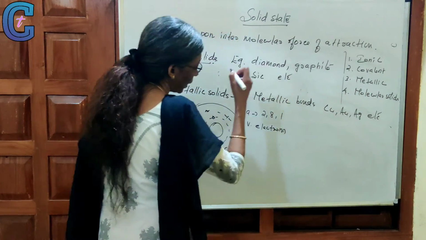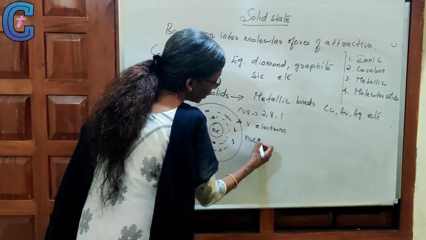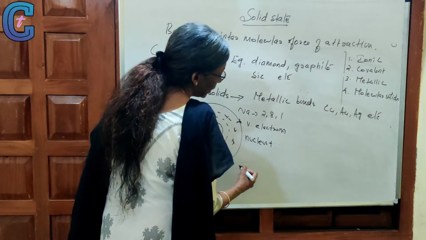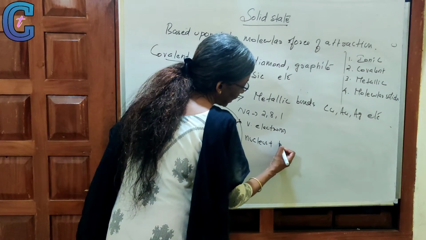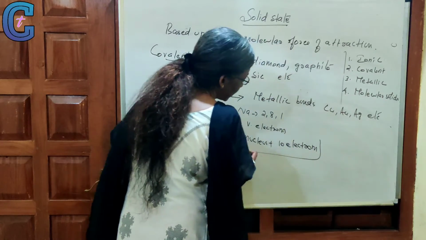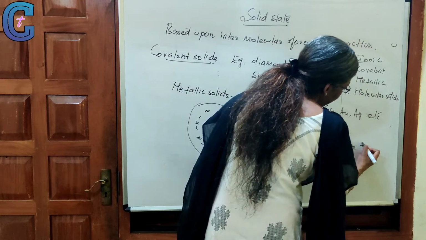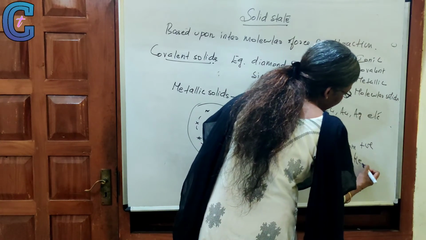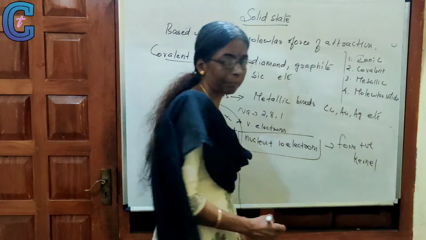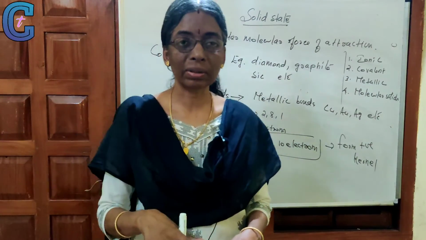The nucleus plus these 10 electrons form a positive kernel, positive kernels.